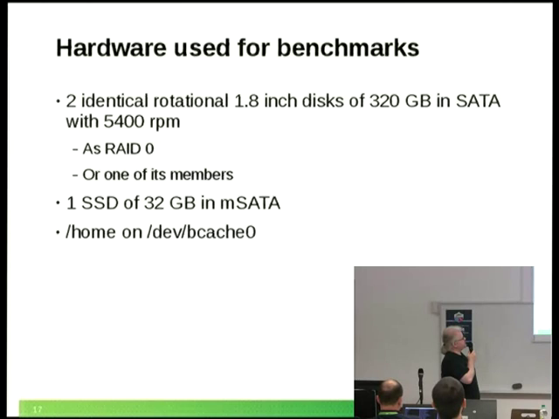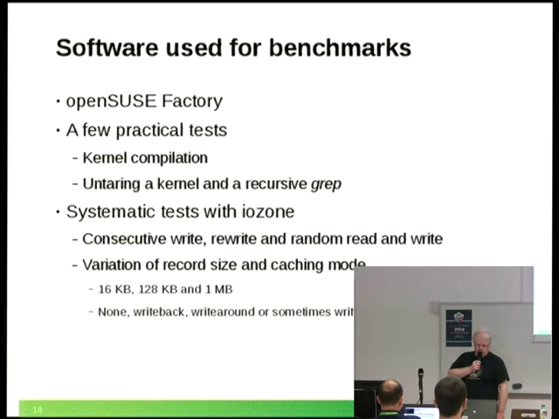Oh, well, yes. Anything I forgot? No. Yes, I remember. The SSD is 32 gigabytes, and I used about 20 of it for cache. But all tests were done so that the test files are smaller than the cache size, so it should all fit in.